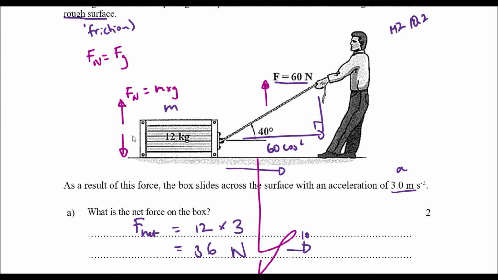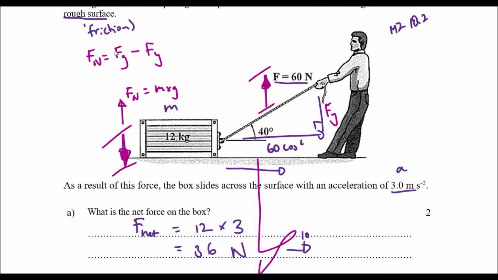But what we have here is the normal force is coming down here, or the gravitational force is coming down here, and we also have a force pulling upwards. So we have two opposing directions of forces. So what that actually means is we subtract by the fy component. This is our fy component here. Okay, so that's what we have.